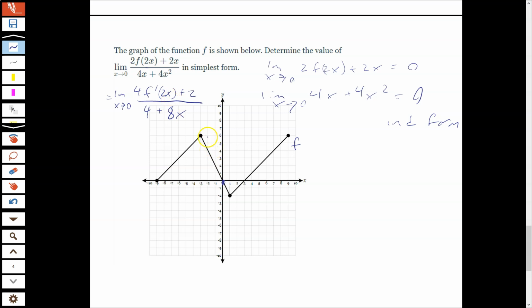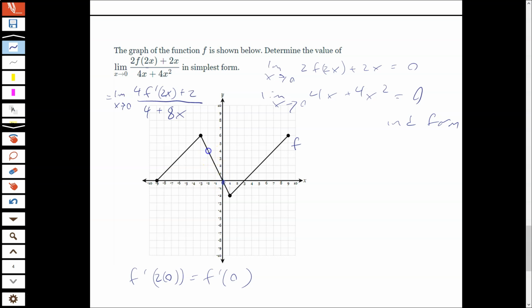the slope here, right? So we want f prime, I'm going to write it down here so it's clear, f prime of 2 times 0. Well, that's the same as f prime of 0, which is the slope at this point. So we no longer care about the value of f.